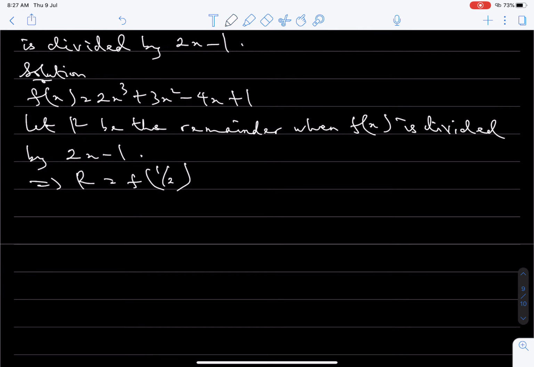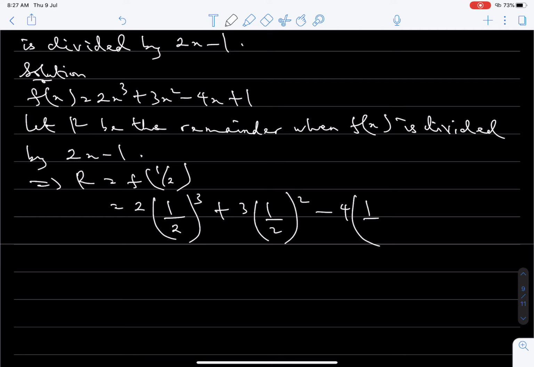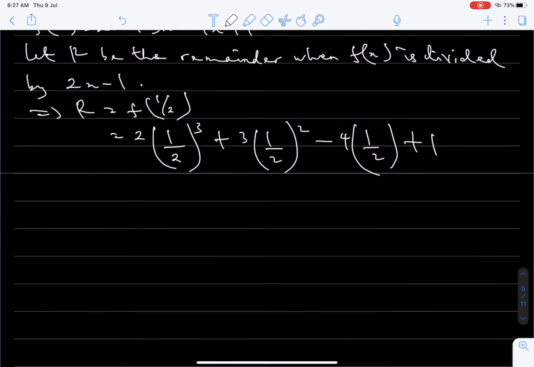f of 1 over 2, which is equal to, and now you substitute 1 over 2 for x in f of x. That's 2 times 1 over 2 cubed plus 3 times 1 over 2 squared minus 4 times 1 over 2 plus 1.